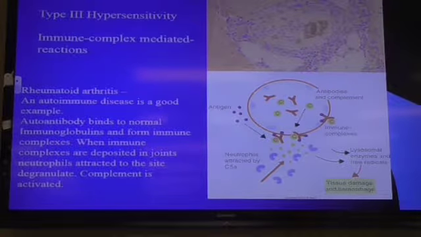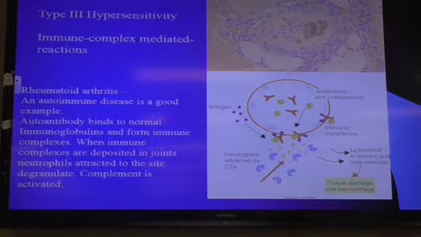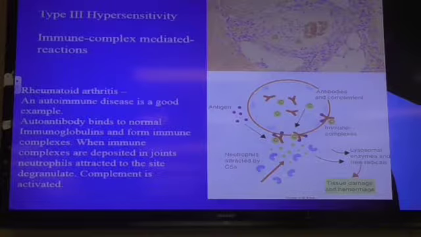We call them autoantibodies, and those are antigens in this case. They bind to the normal immunoglobulins, which are normal antibodies in the body, and so they form immune complexes and get deposited in the body. That's in the case of rheumatoid arthritis. But we'll go on to see a few other examples here.